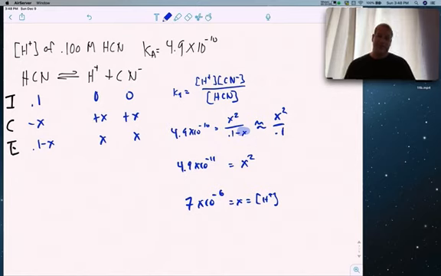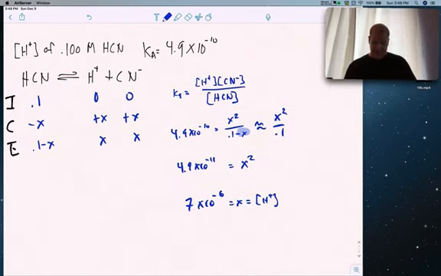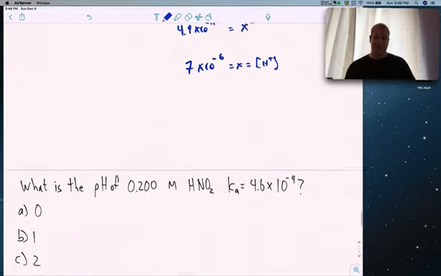You're going to be using ice charts in this chapter and the next. So you put in the initial conditions, you have the extent of reaction, we shift right, plug in the equilibrium values, write your equilibrium constant, put in the values, solve for your unknown. In this case, we get 7 times 10 to the minus 6 for x.